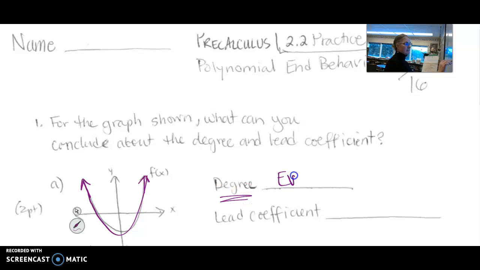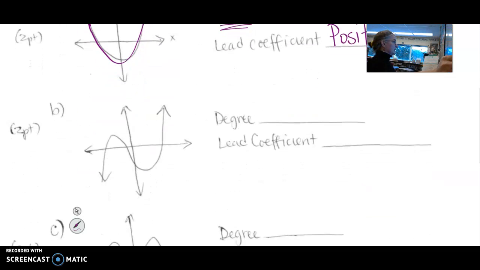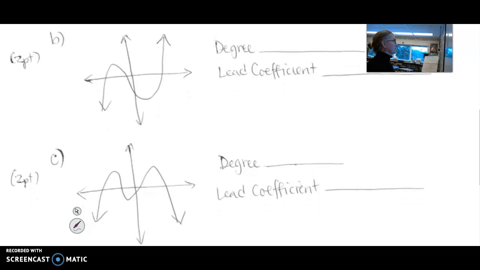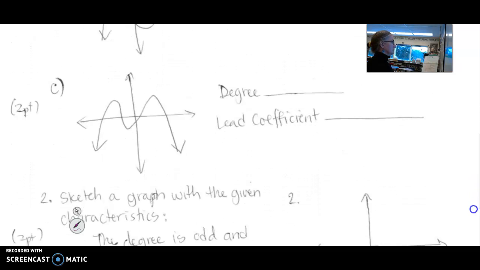And in this case, because the ends go off in the same direction, it'd be even. And because the ends are going up, that lead coefficient would be positive. So you're just going to tell me whether the degree is even or odd, and whether the lead coefficient is positive or negative. Then do the same thing for B and C.